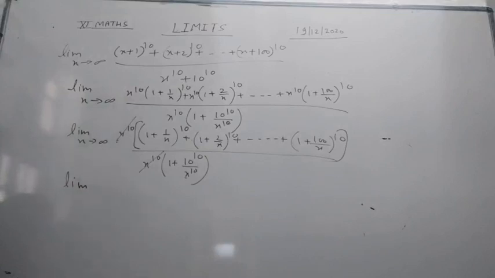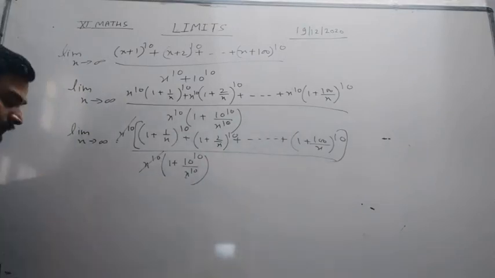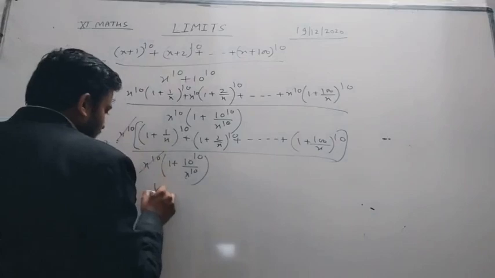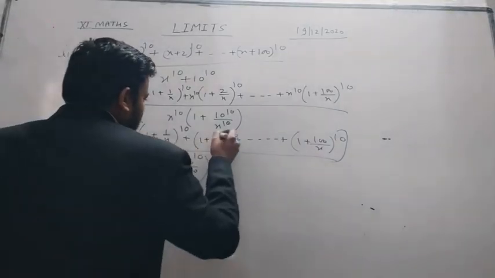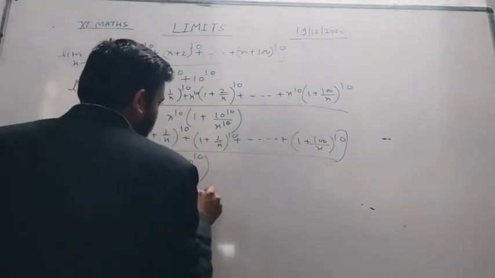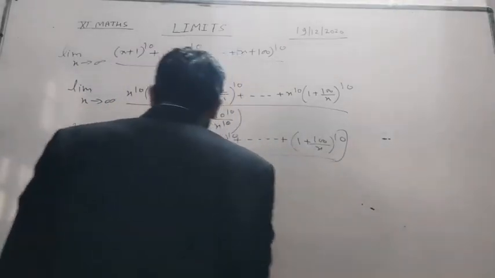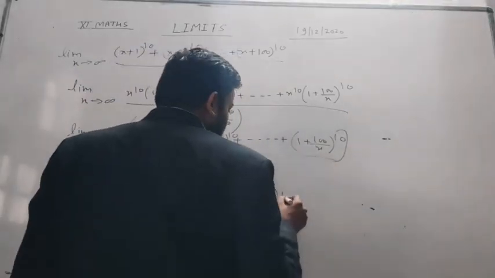Now, student, when we put the value of the limit here, we get what? Our this term is 0, so here is 1. This term is 0, so here is 1, plus dot dot dot. This term is 0, again plus 1. How many times is this? This is 100 times.